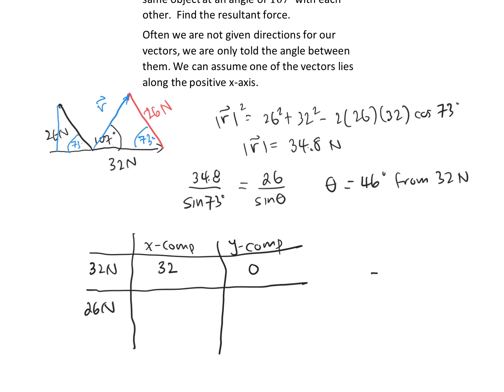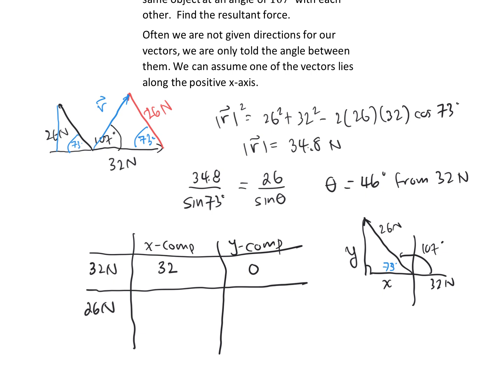So maybe I'll just draw a separate diagram here. So the 26 Newton force was 107 degrees from the 32. So we're going to make a triangle. We want to find the x and y components. And the angle that we will use is the angle that connects the vector to the x-axis, which is 73.